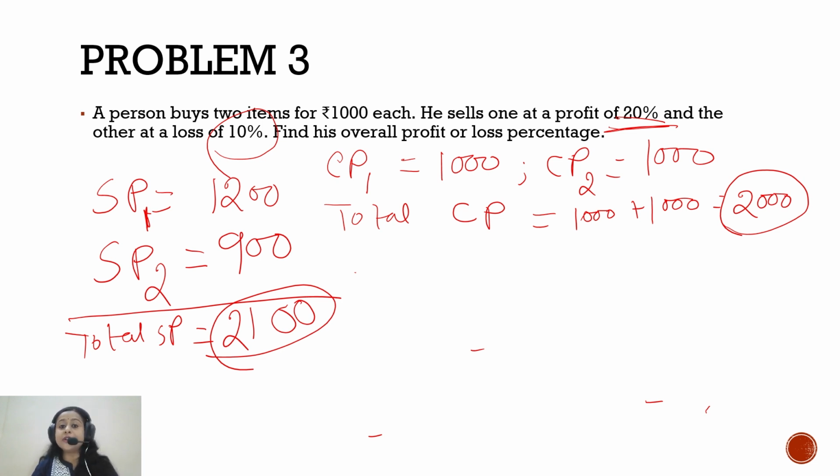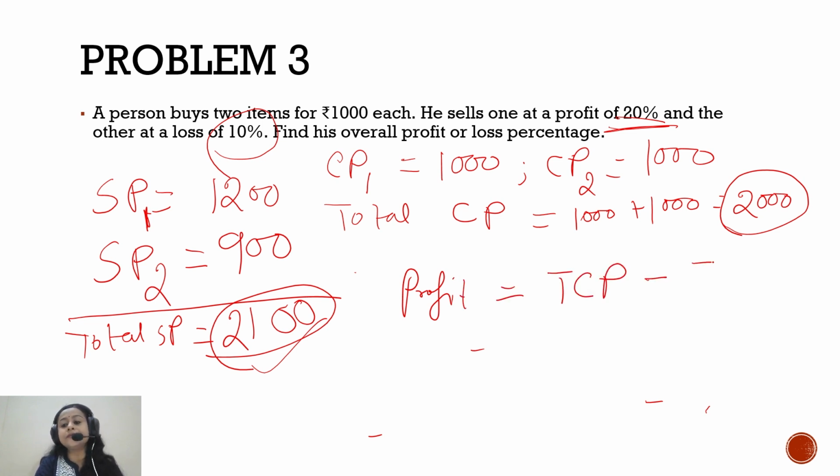So the selling price is higher, so obviously he has earned a profit. So the difference between these two will give us the actual profit amount, the absolute profit amount. So profit by selling both the items will be total selling price, TSP, minus total cost price, TCP.